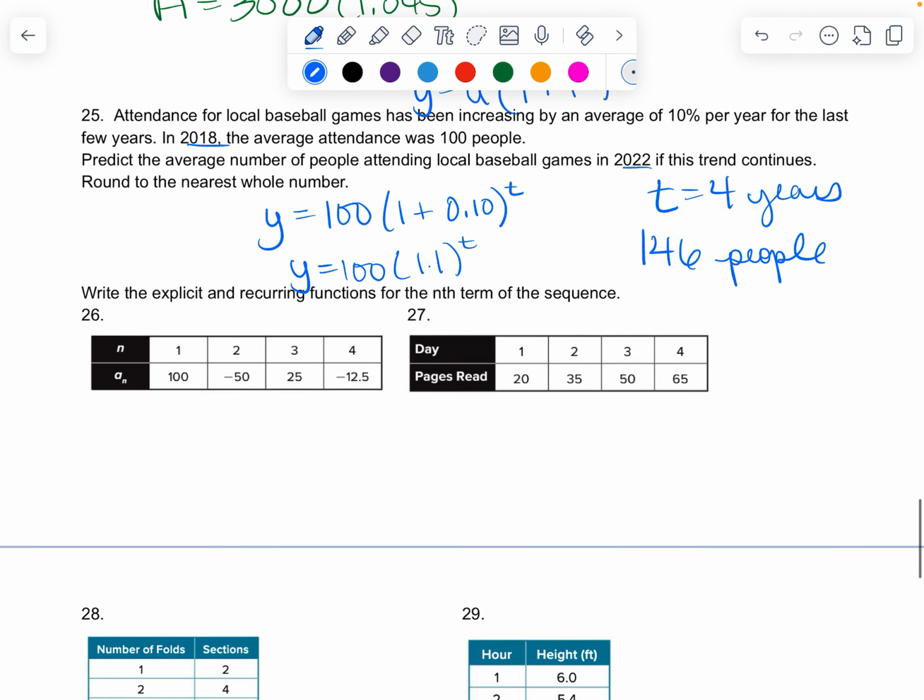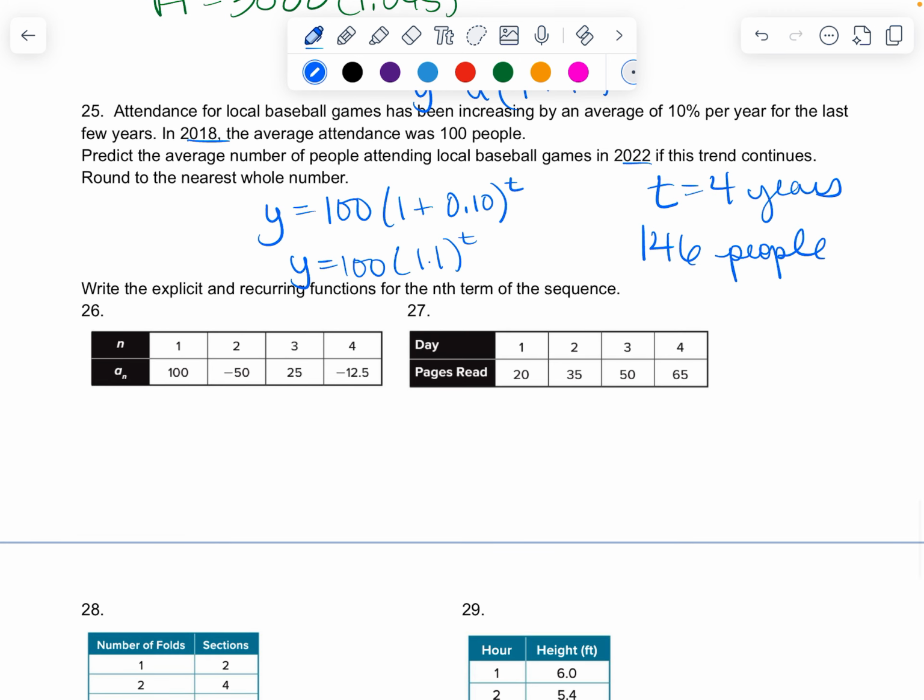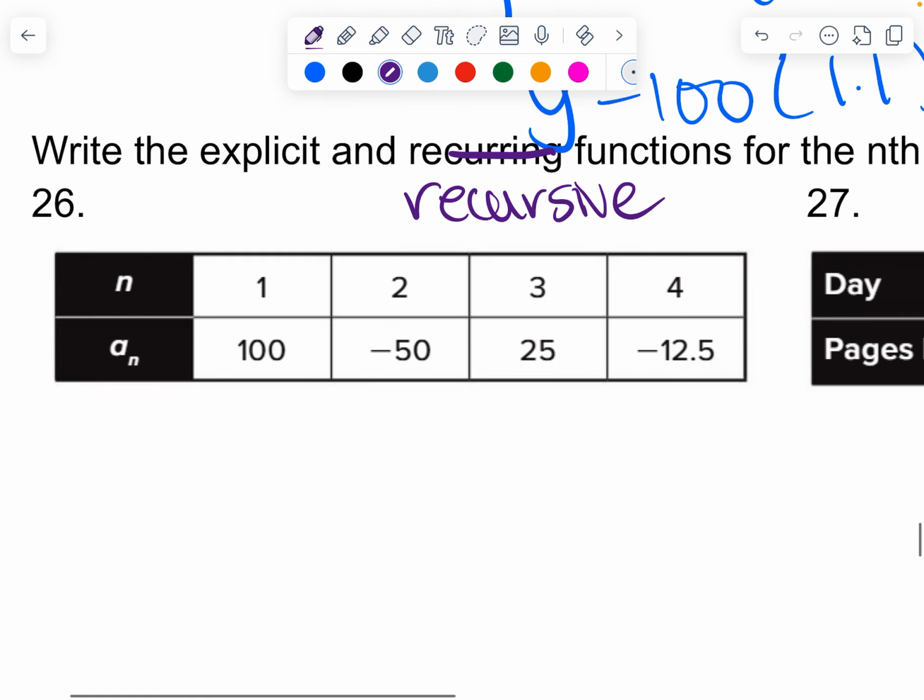This next one wants us to write explicit and recursive functions. Okay, so here we go. Well, it's going positive, negative, positive, negative, so automatically it's not going to be arithmetic.